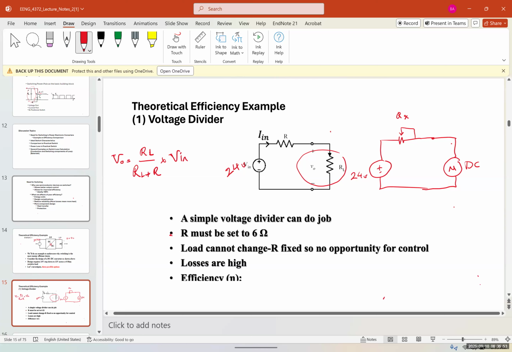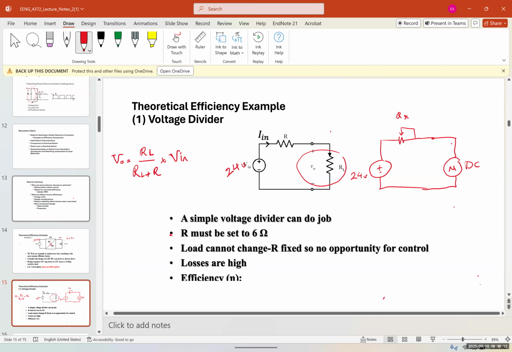Now, what is the load resistor here? We don't know. Imagine that it's, let's say, 6 ohms, for example.